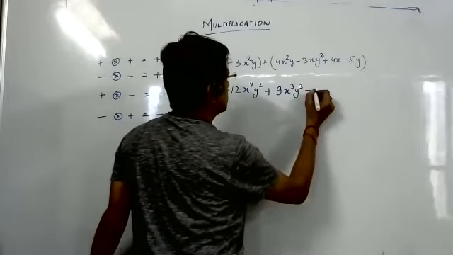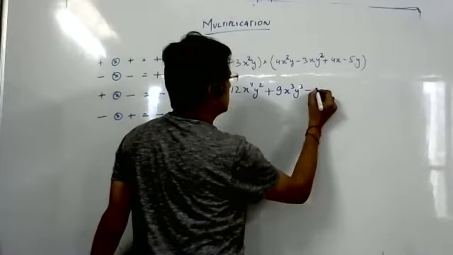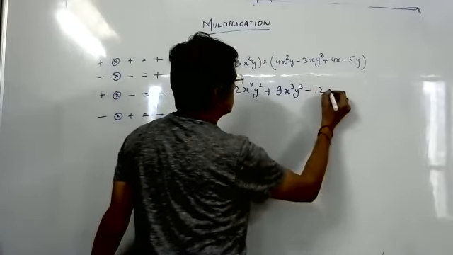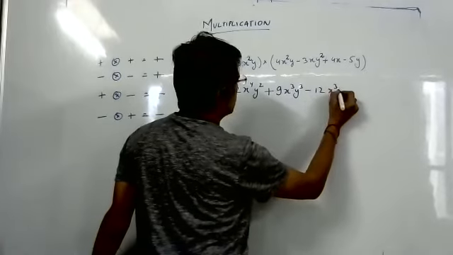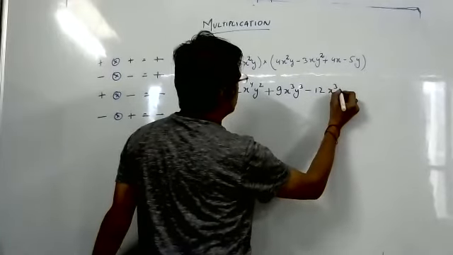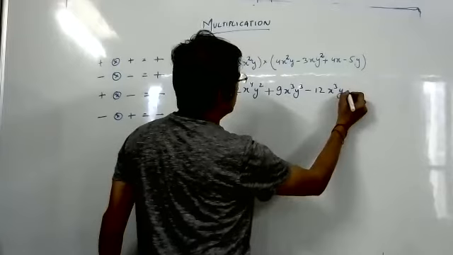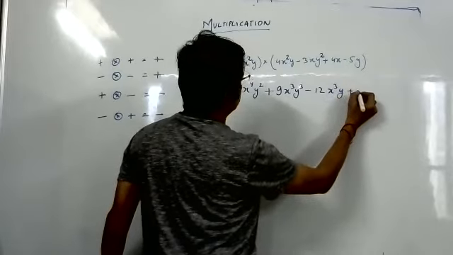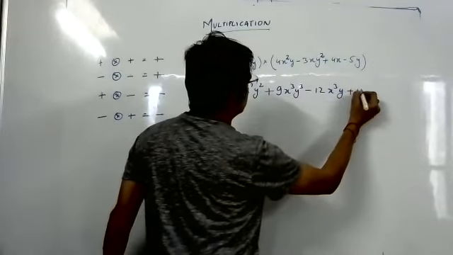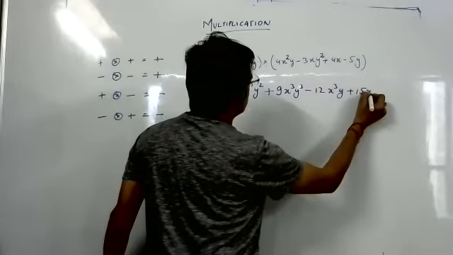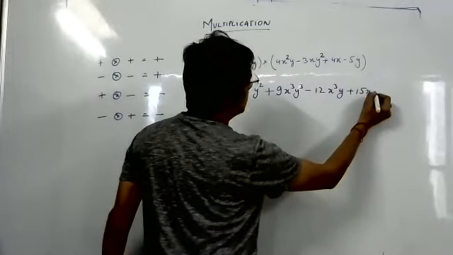Minus plus minus, 4, 3 4s are 12, x cube y. Minus plus minus plus minus minus plus, 3 5s are 15, x cube x square y square.